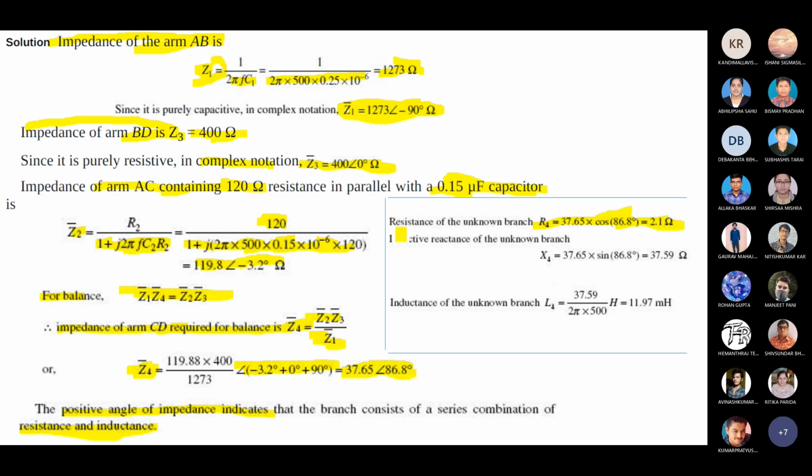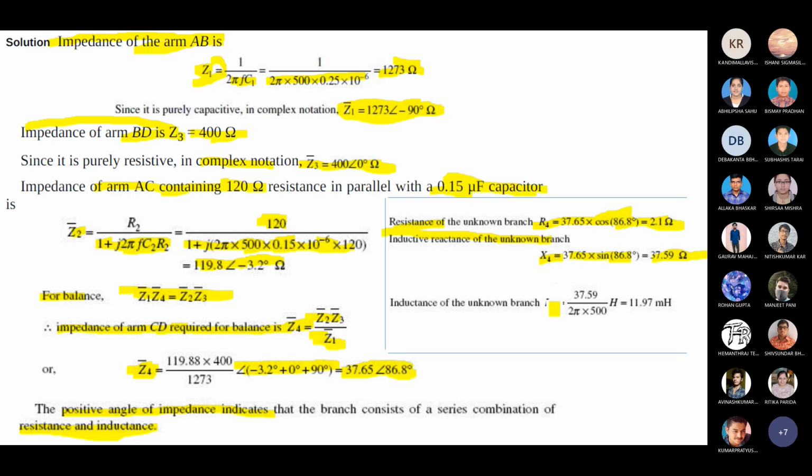The reactive component is in the form of sine theta, the inductive reactance of the unknown branch: 37.65 into sine 86.8, which is 37.59 ohm.